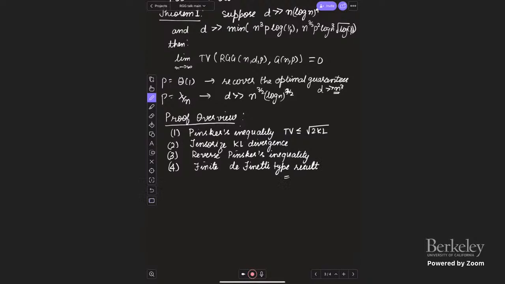This implies the threshold of d much larger than n cubed p. Okay, henceforth I'll drop all the logarithmic factors, which are a nuisance for clear presentation, and I'll just keep the polynomial factors. Of course, it is understood that there are logarithmic factors here. Okay, and the fifth step is to boost step 4 via a coupling bound.